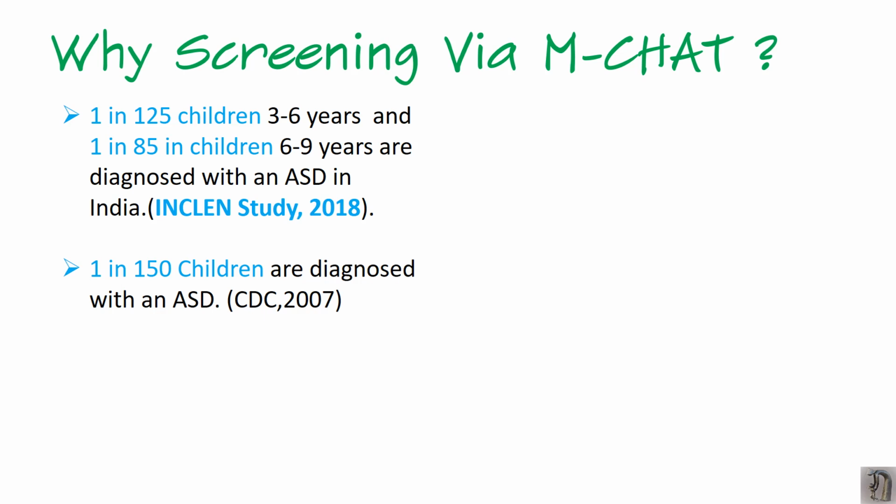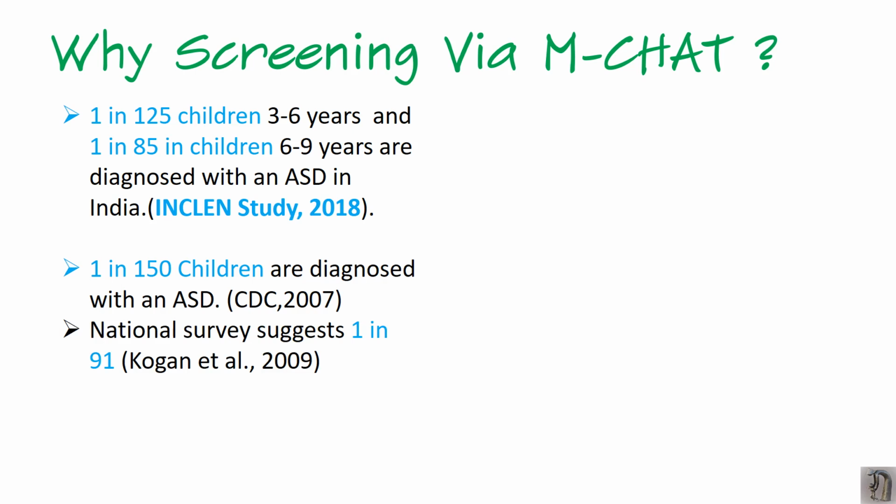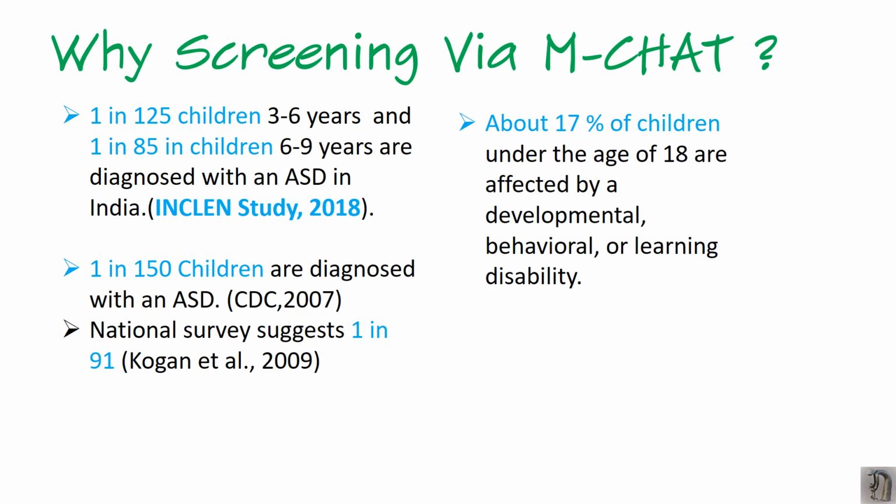You can see the CDC, the Centers for Disease Control, in 2007 also mentioned that 1 in 150 children are diagnosed with autism, with a national survey of 1 in 91. About 17% of children under the age of 18 are affected by developmental, behavioral or learning disabilities as well.